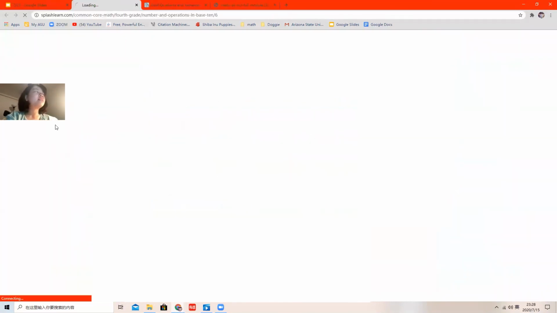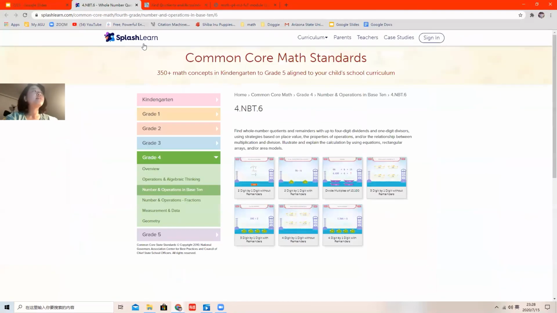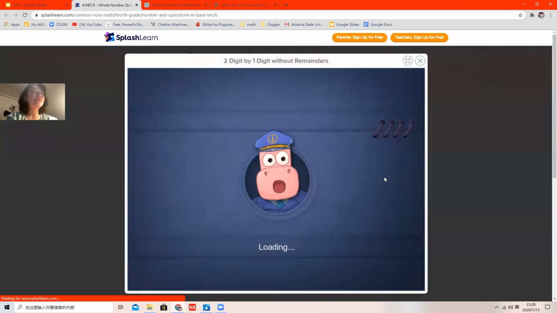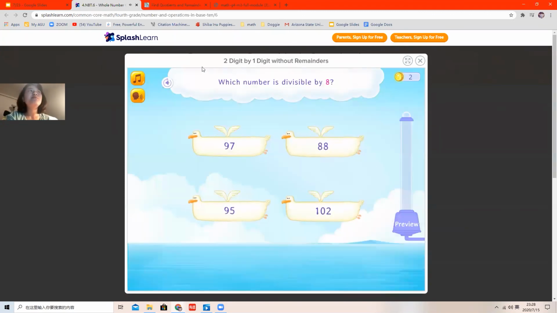And the second one is called Splash Learn. It gives you some games. I think this website is really cool. It's loading right now. So for this one, it's only 2 digits by 1 digit without remainders. And the question is, which number is divisible by 8?